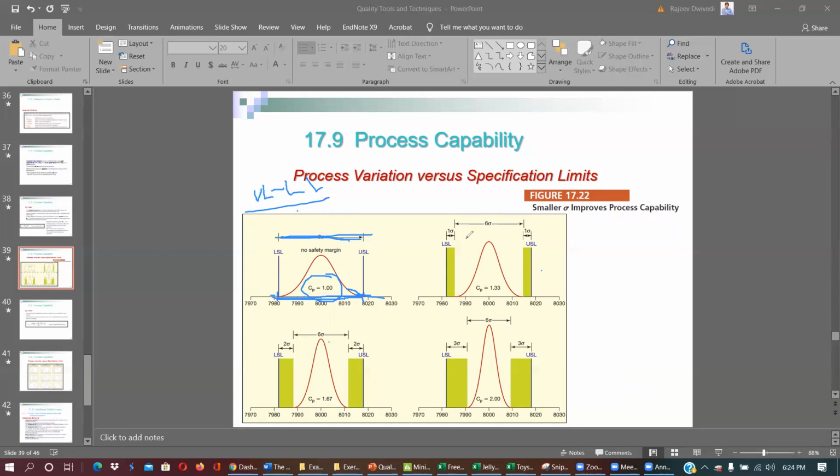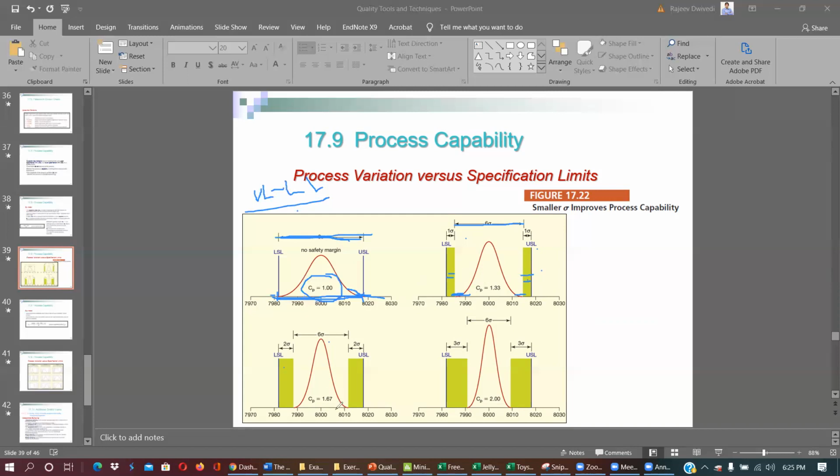So look into this. This is the 6 sigma range of the process. However, they have a little margin here, a 1 sigma margin, extra margin. If there is a little fluctuation in the process, it will not go past the upper limit, or be called out of control, because you have margin here.